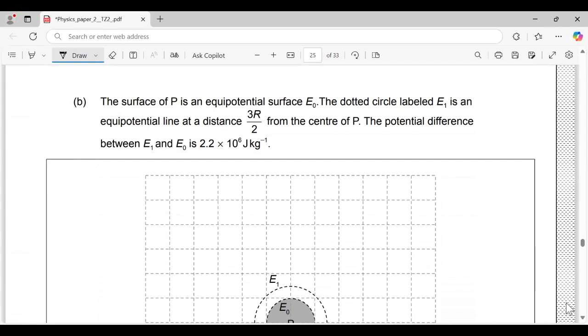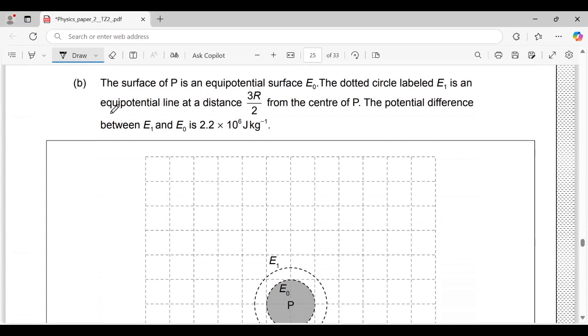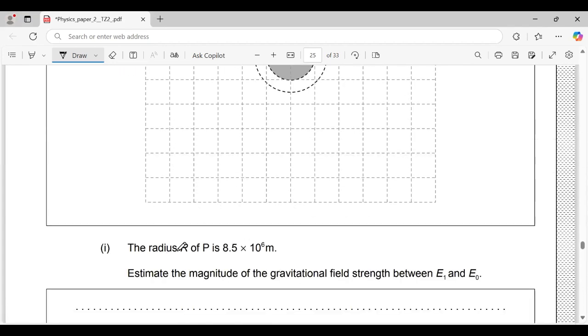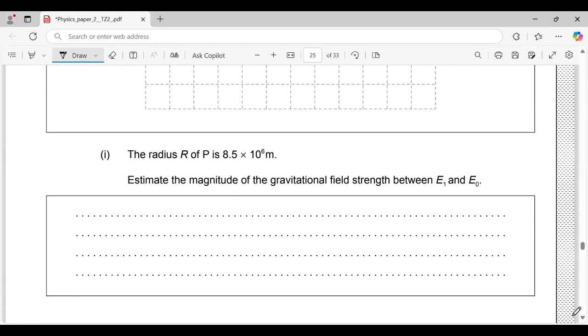This is an equipotential line at a distance 3r over 2 from the center of P. The potential difference between E1 and E0 is 2.2 times 10 to the power 6 joule per kg. Question: the radius R of P is 8.5 times 10 to the power 6 meters. Estimate the magnitude of the gravitational field strength between E1 and E0.